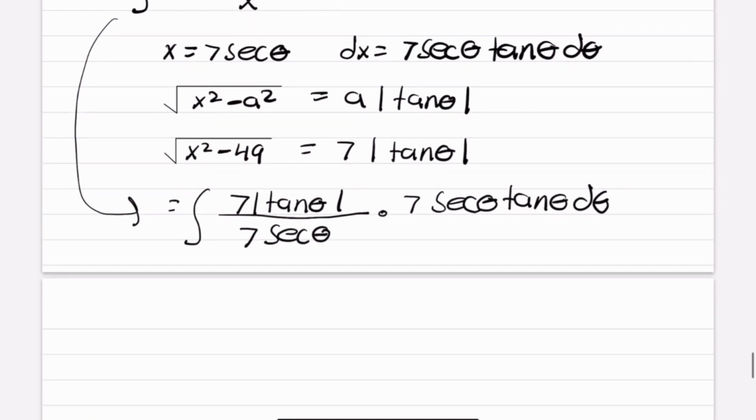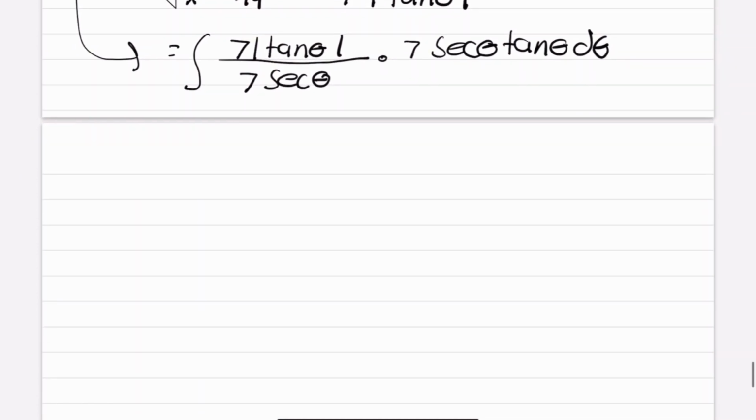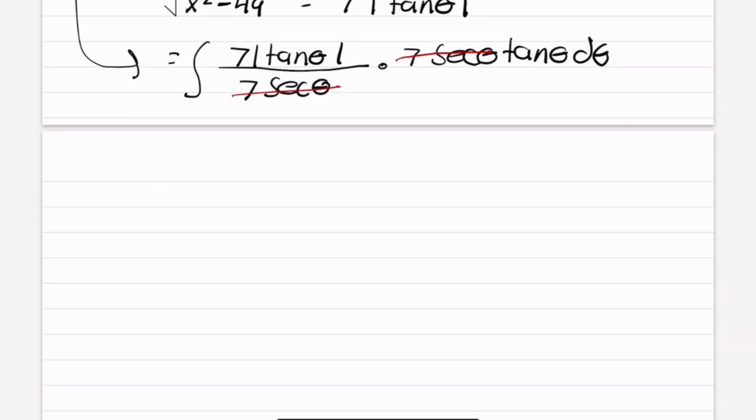And from here, we can continue just like we did before. So we can cancel 7 secant theta, 7 secant theta, and I can go ahead and remove the absolute value because I know that the range of theta will give me values between 0 and pi over 2. So this will give me 7 integral tan squared theta d theta.